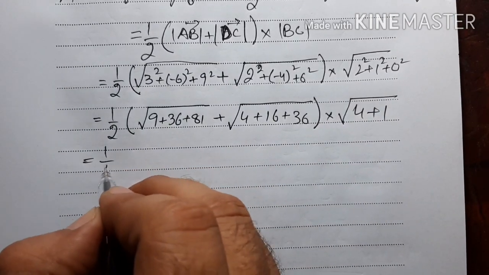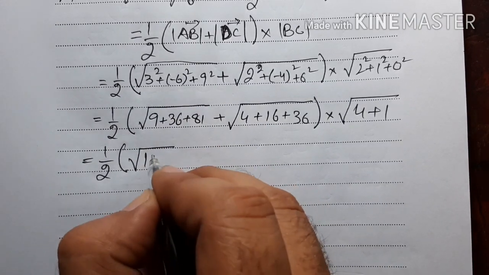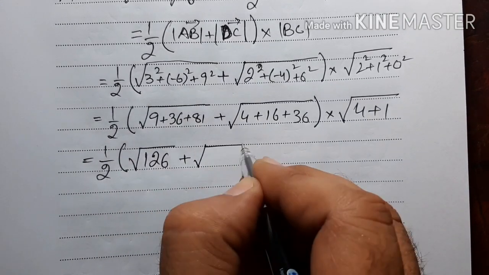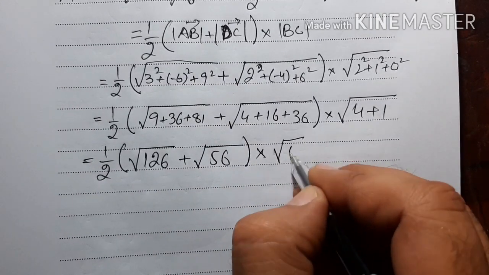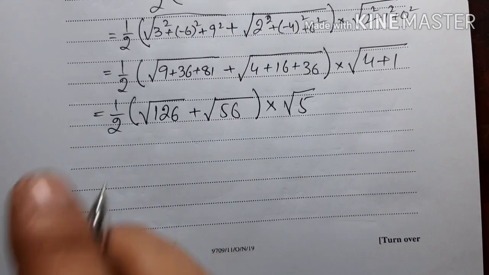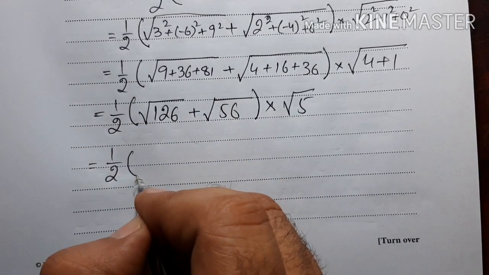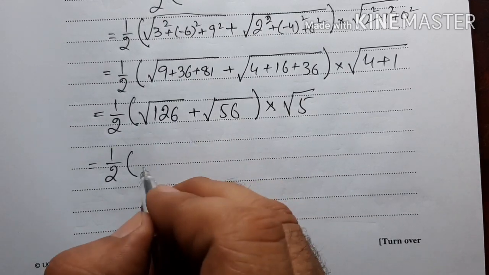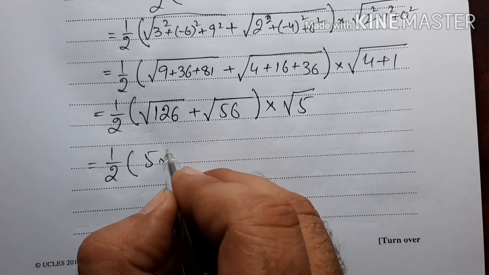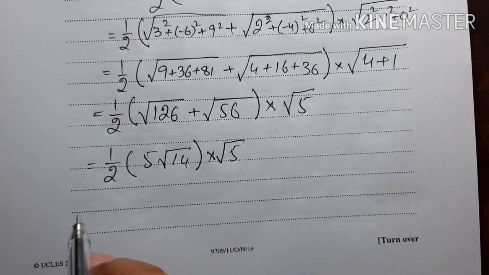So this will be 1/2, this is root 126 plus this is root 56, into under root 5. So this will be 1/2 into, by adding these two by calculator, you will get 5 under root 14 into under root 5.